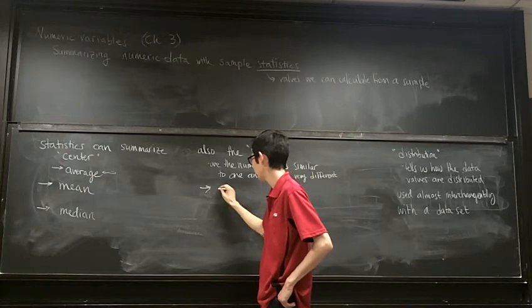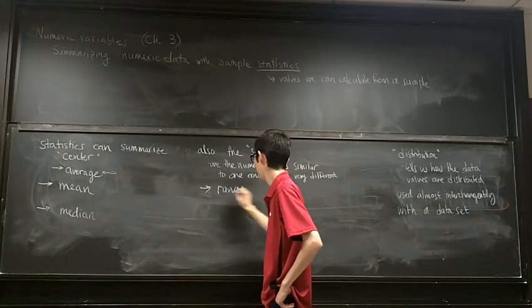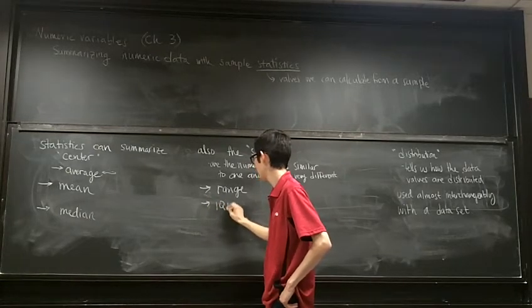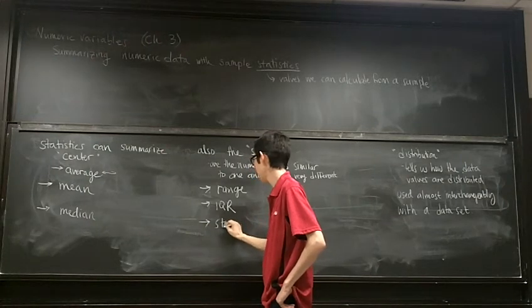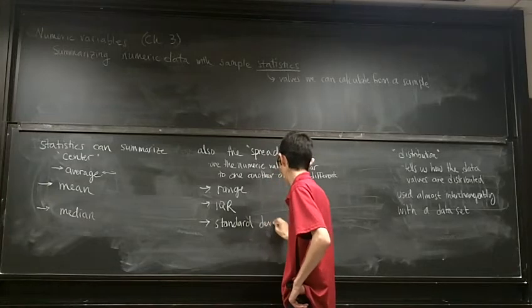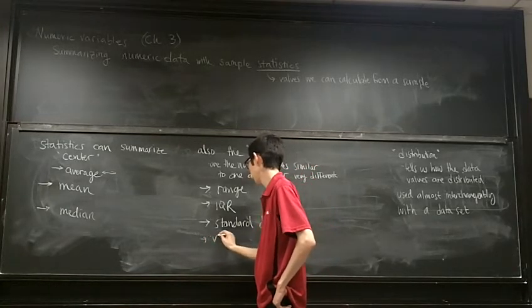There we have range, we have interquartile range, I'm going to just summarize with IQR. We have the standard deviation, and variation.